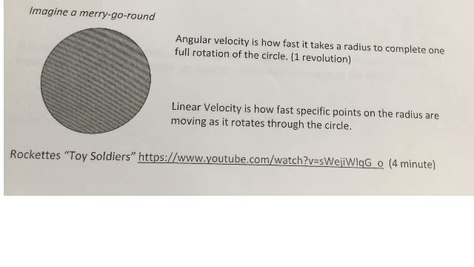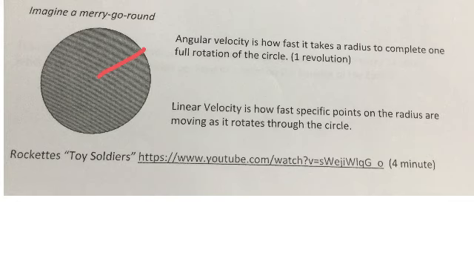So angular velocity is how long it takes a radius to complete one full rotation of the circle. So, again, think about one of those playground merry-go-rounds that you're spinning around on. You've got the bar here in the middle, and somebody's on the outside pulling that bar around in a circle.